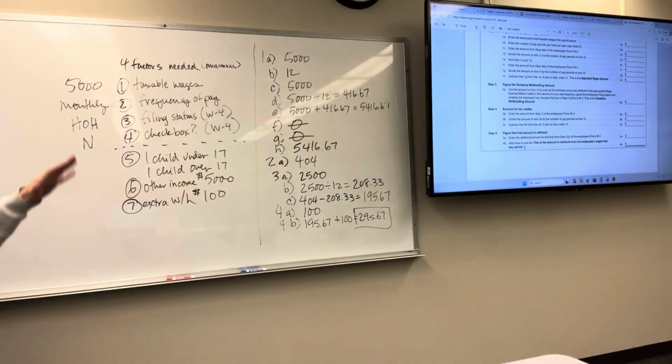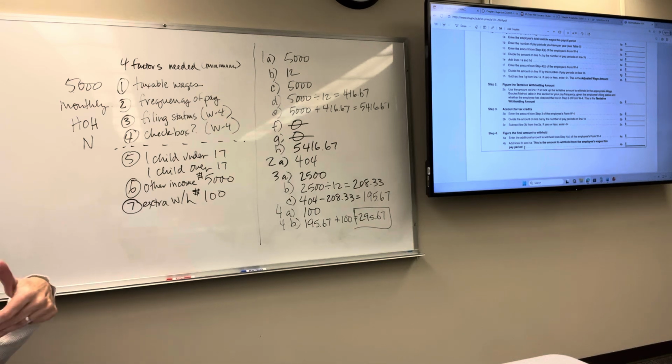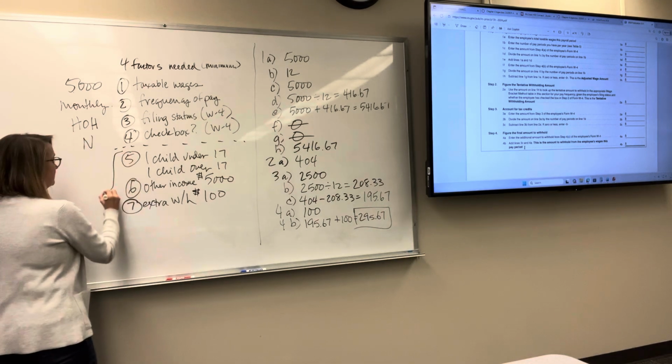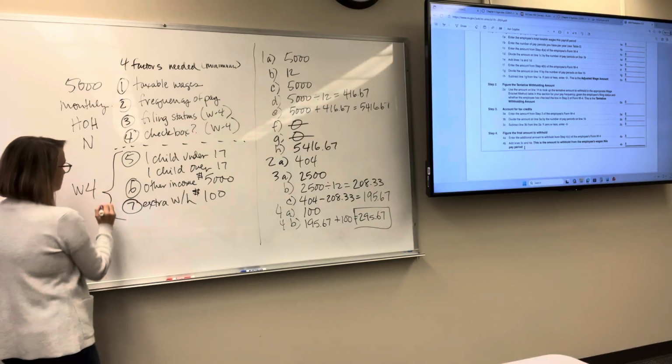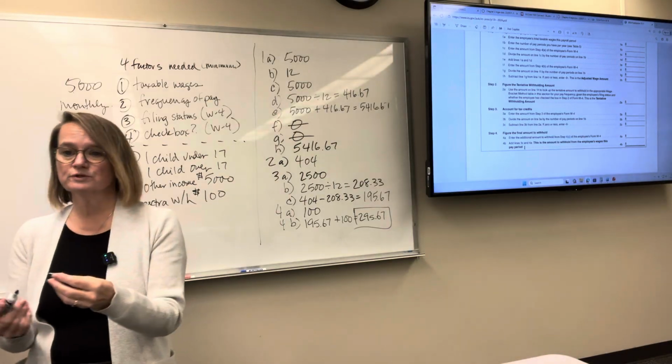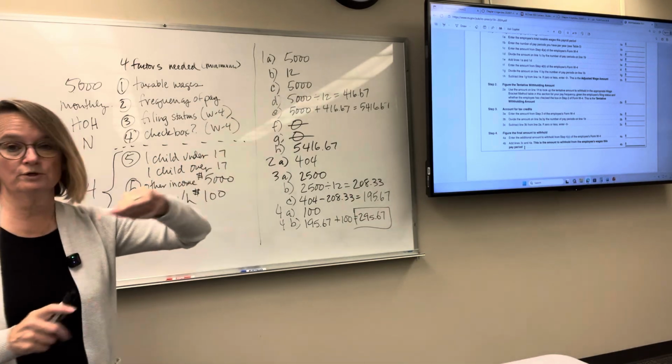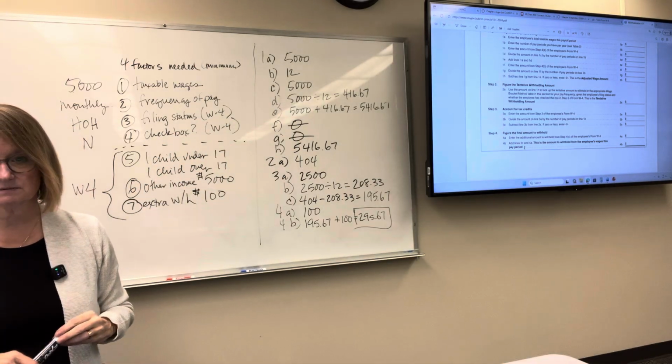Given all of this information, $5,000 taxable wages, paid monthly, head of household, they didn't check the checkbox, they have one child under 17, one child over 17, they've got other income that they entered on the W-4 of $5,000. Again, all of these are going to come from the W-4 as well, and they have the extra withholding of $100. Given all of that information, $295.67.